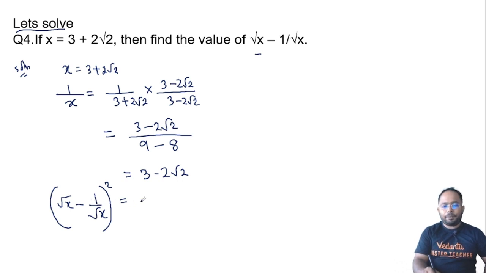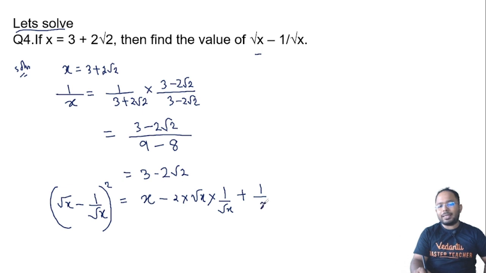We can get root x whole square is x, minus 2 into root x into 1 by root x, plus 1 by root x whole square, that is 1 by x. Now this gets cancelled. Now x plus 1 by x minus 2 we can write.